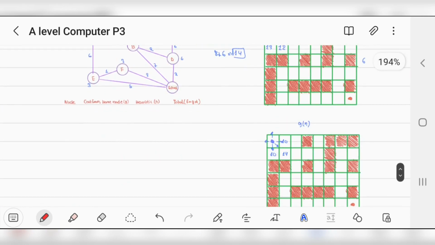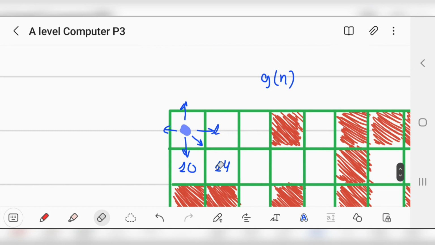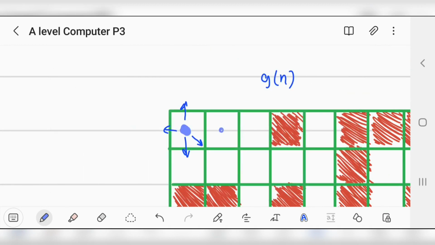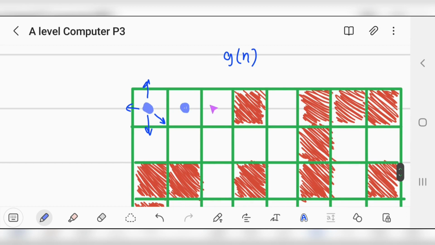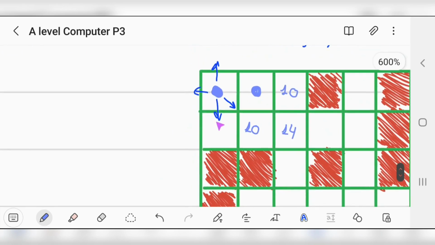Go on to here. Now my point is here. Again, I'm going to see it. It's going to be 10, it's going to be 10, it's going to be 14, and this is also going to be 14.